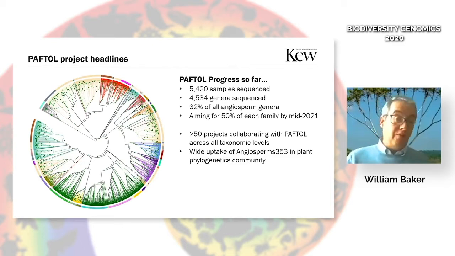We are collaborating very widely. There are more than 50 projects linked with our program at the moment, working across taxonomic scales. We're seeing wide uptake across the community, people who are working with this kit without any connection to our program at all, which is fantastic.